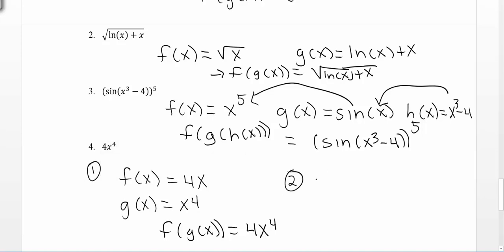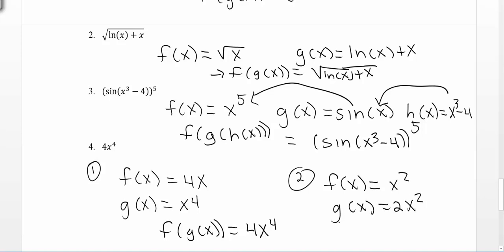And just to give you an idea of a second way, because I know I keep saying there's multiple ways, consider now that f of x is going to equal x squared and g of x is going to equal 2x squared. Then f of g of x will equal 2x squared, squared, which equals 4x to the 4th.